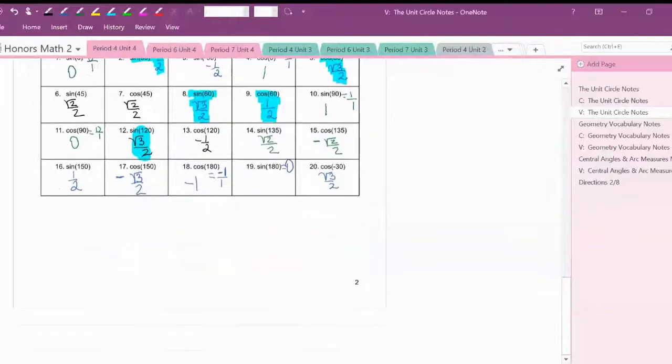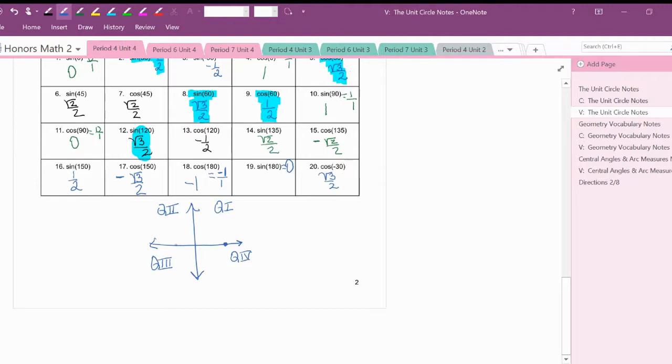So if we sum up what we figured out: quadrant 1, quadrant 2, quadrant 3, quadrant 4.